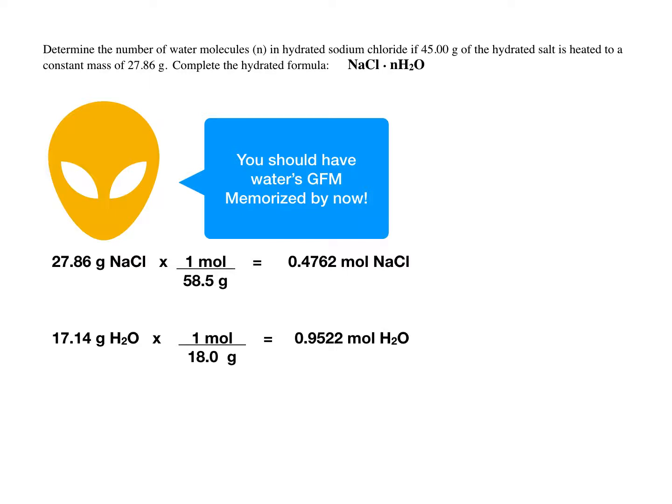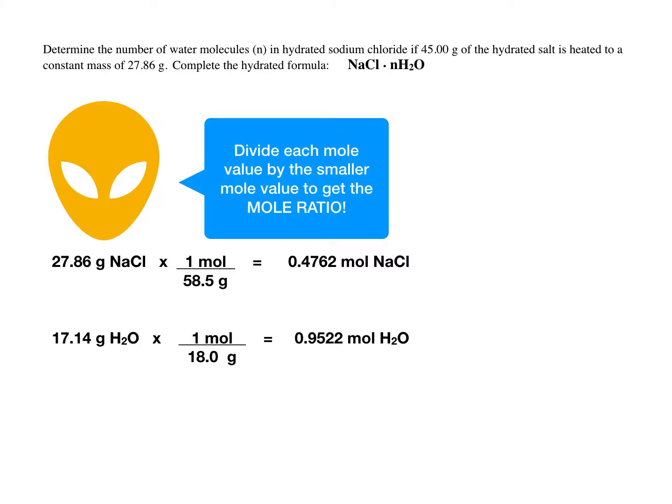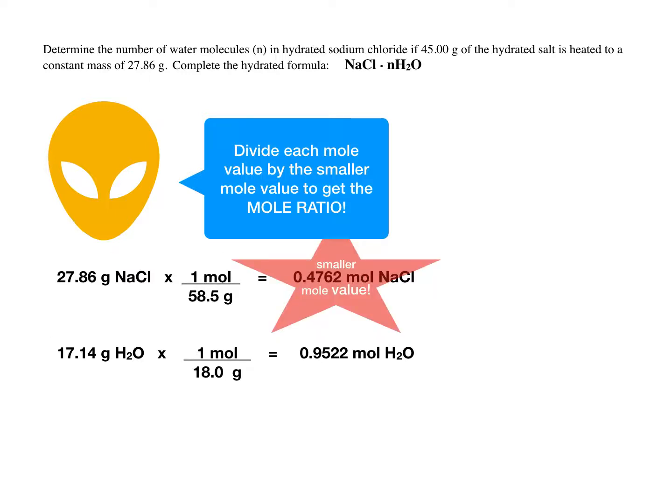Second part is now we need to come up with the mole ratio. Second step, take a look at your calculated mole values, pick out the smaller one. So I hope that you realize that the number of moles of NaCl is the smaller mole value. Therefore, we need to divide both of the calculated mole values by the smaller value.